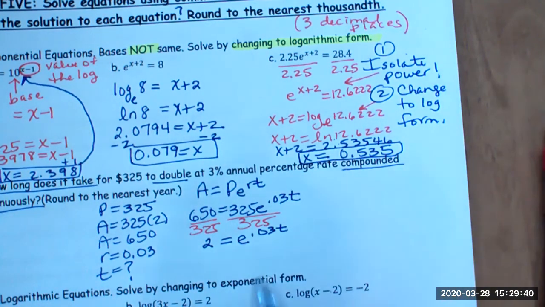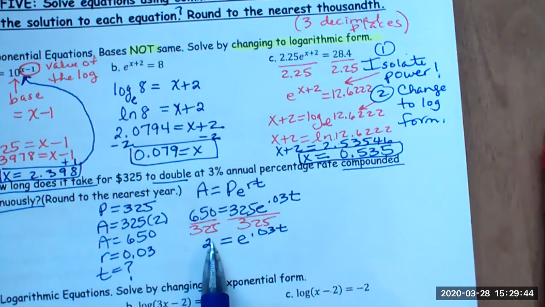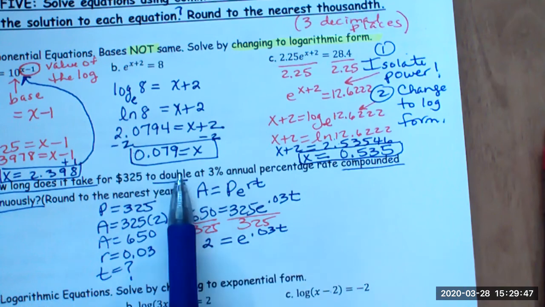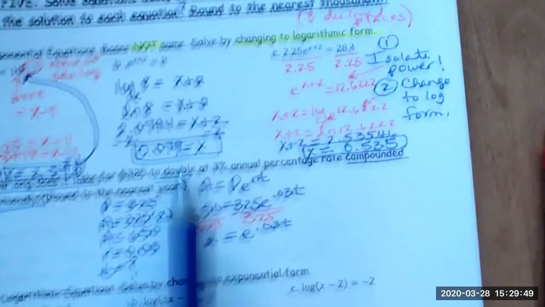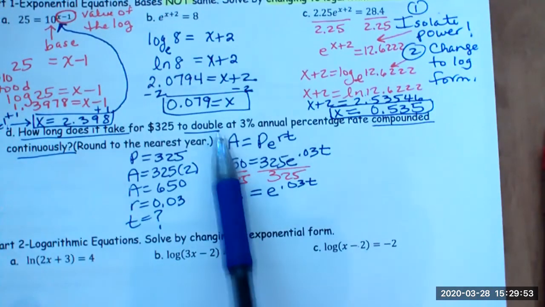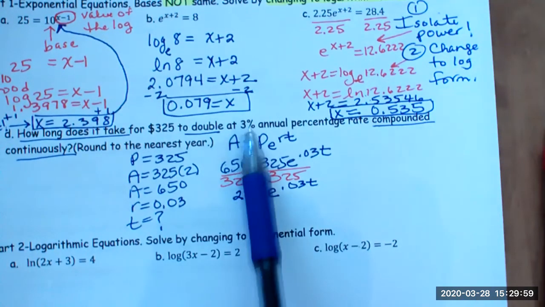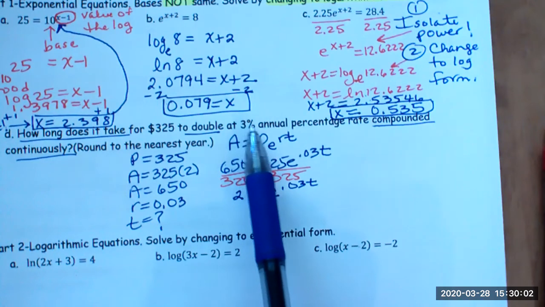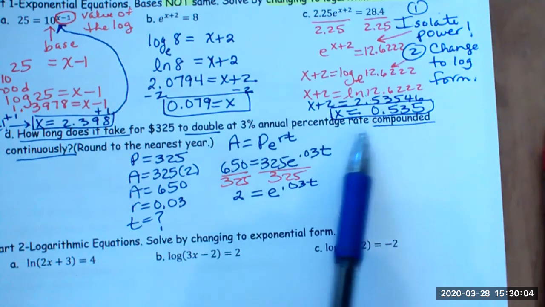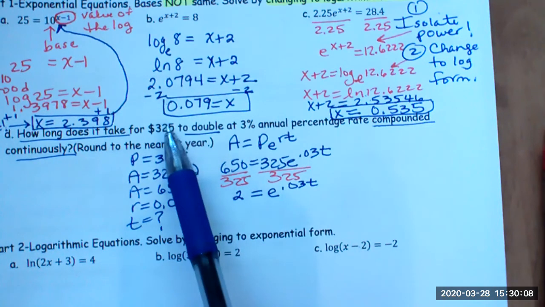There's something interesting to note here. You notice how that 2 relates to the word double. Just in case you see a question like this in the future, it doesn't matter what we even started with. If I want to find out how long it's going to take my money to double at 3% interest compounded continuously, I don't even have to know how much I started with.